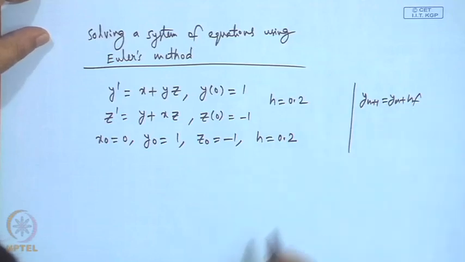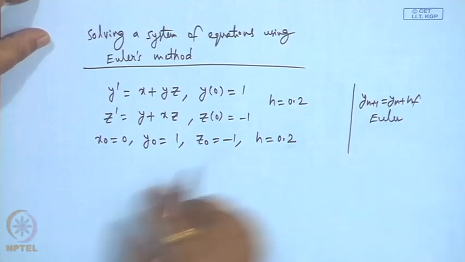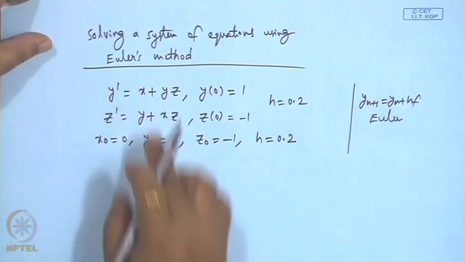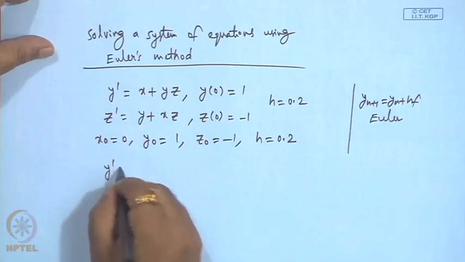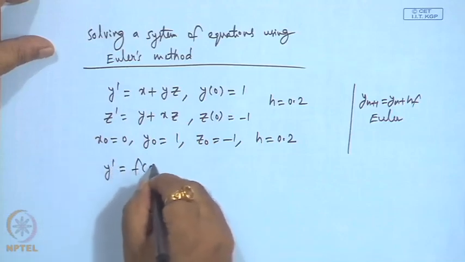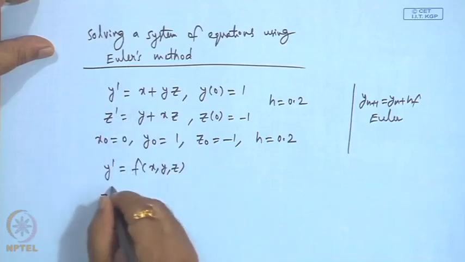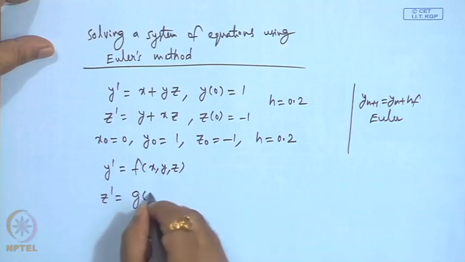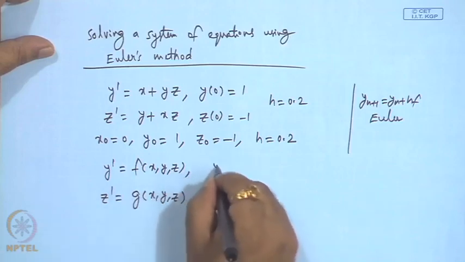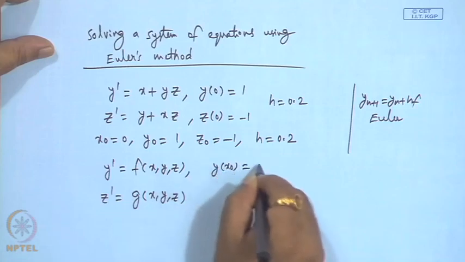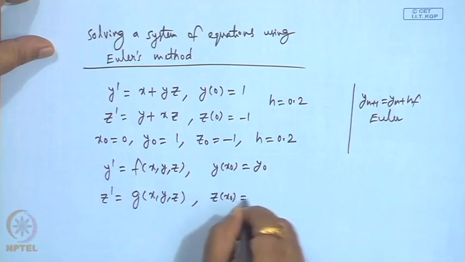This was our Euler method. A similar thing we have to write for this system, treating y dash equals f of x, y, z, and z dash equals g of x, y, z, with y of x 0 is y 0 and z of x 0 is z 0.